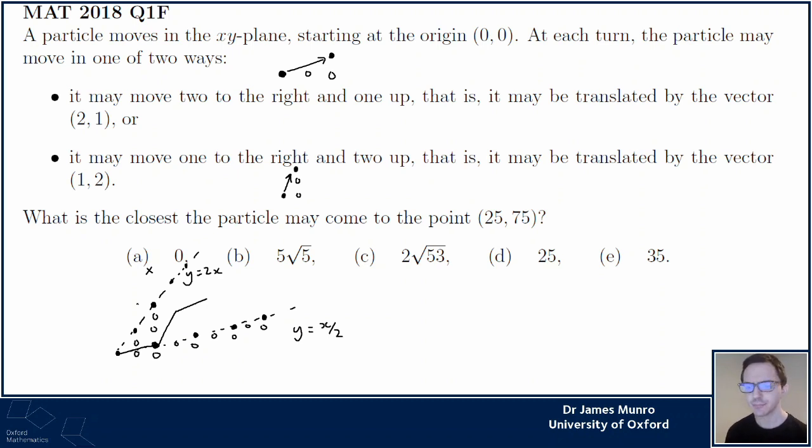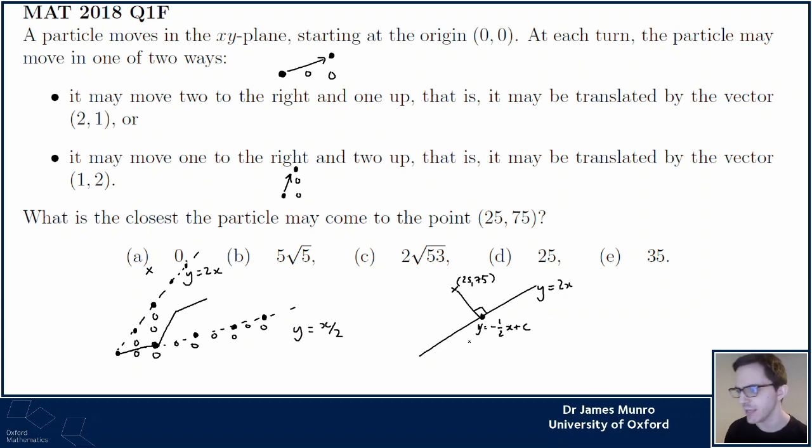Okay, let's try and do some geometry to work out where that closest point is. Okay, so I'm thinking about the line y equals 2x, and I want to find the closest point to (25, 75). Okay, so really I want to drop a perpendicular to find that closest point. Now my perpendicular is going to have gradient minus 1 over 2, so this line here is going to be y equals minus a half x plus a constant.